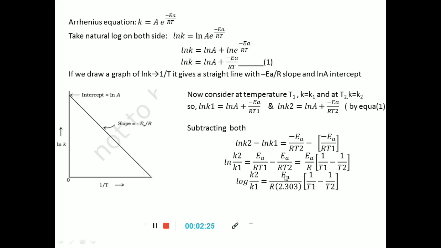I have taken Ea by R in common, and you can see 1 by T2 and 1 by T1, so I have changed the places here. Minus minus will be positive, so 1 by T1 is positive here, minus 1 by T2. So this is our required equation. From this equation we can derive the rate constant as well as temperature and activation energy also. Okay, thank you.